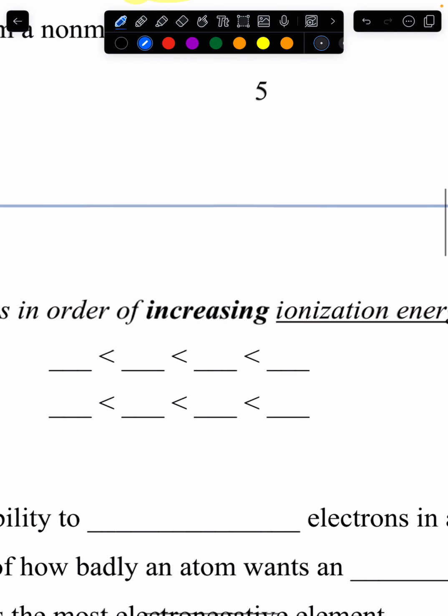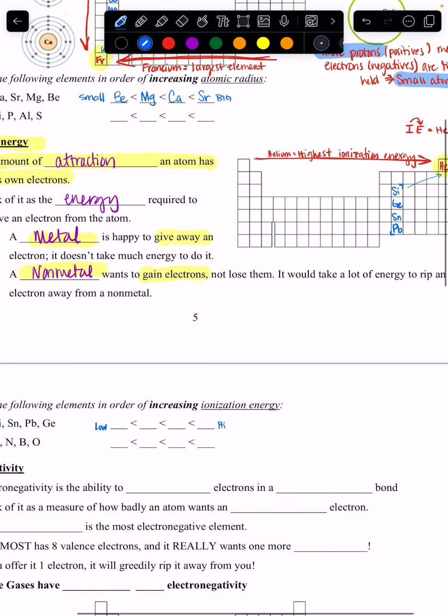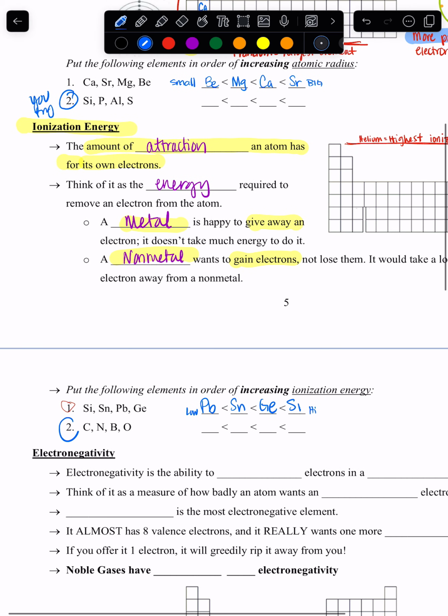So the one that's the highest will go here. The one that's the lowest will go here. My highest ionization energy is going to be silicon. Up next is germanium. Then I have tin and then lead. All right, and then number 2, you're going to try.